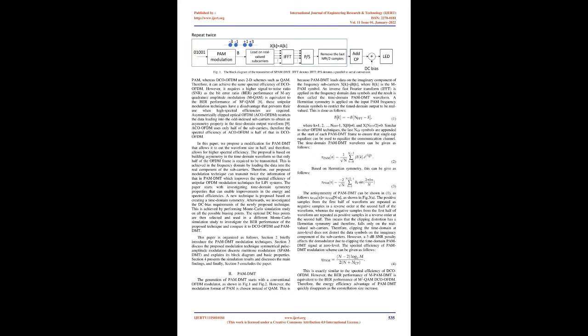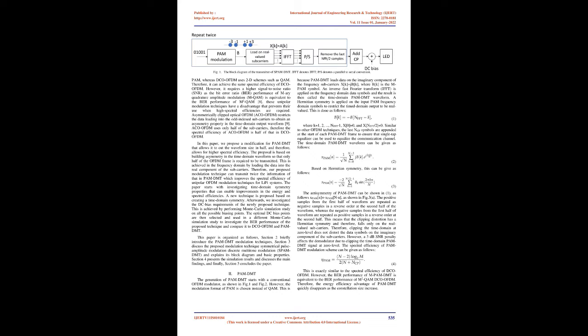However, it requires a higher signal-to-noise ratio, SNR, as the bit error ratio, BER, performance of M-ary quadrature amplitude modulation, MQAM, is equivalent to the BER performance of M²-QAM [8]. These unipolar modulation techniques have a disadvantage that prevents their use when high spectral efficiencies are required.